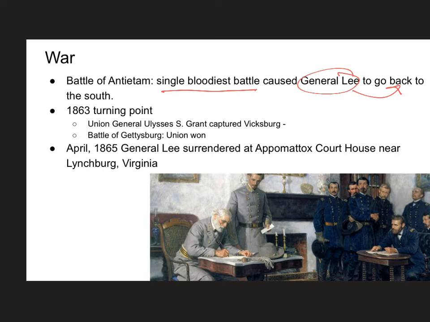1863 was a turning point in the war, so this year was a turning year. The Battle of Vicksburg gave the Union control of the Mississippi River.